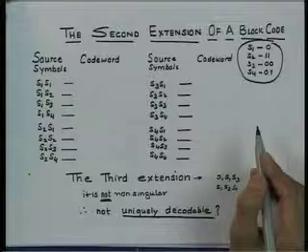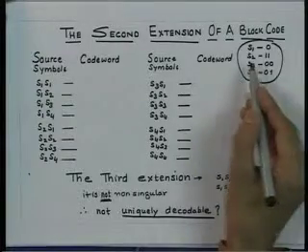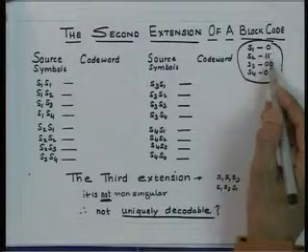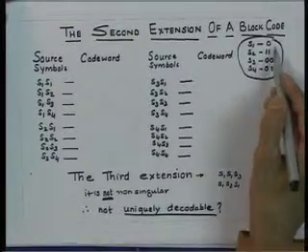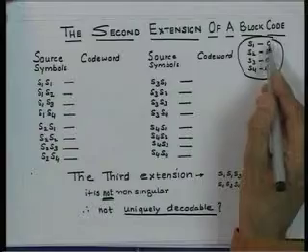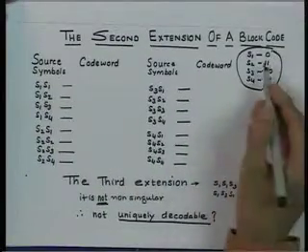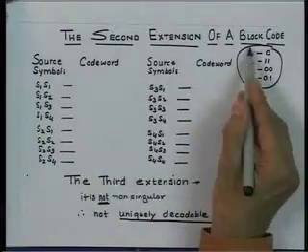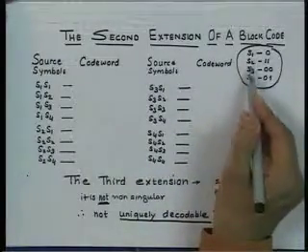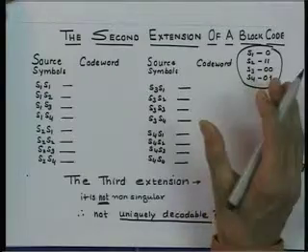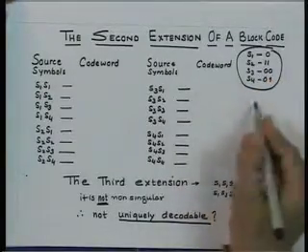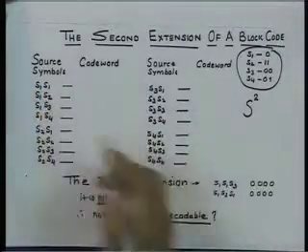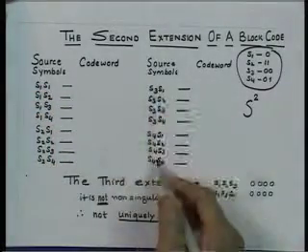I have 4 symbols and 4 distinct code words for them. Now, the second extension of the source S1, S2, S3, S4 will comprise 16 symbols, which are listed here.